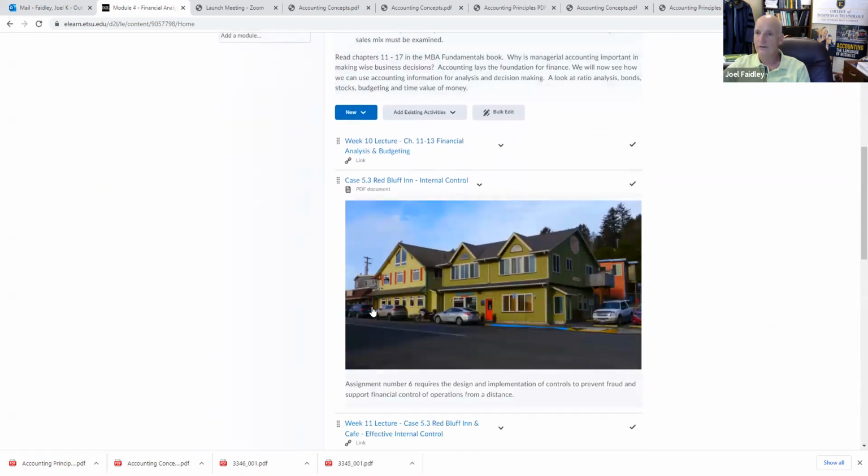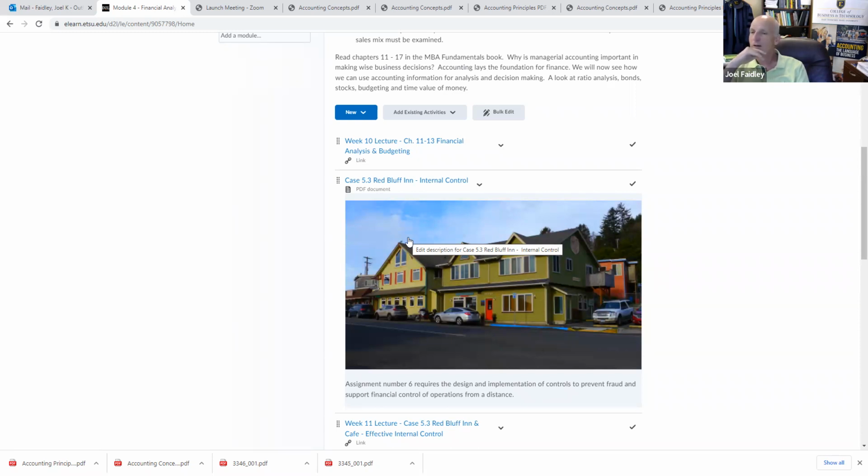What we have here is a couple, a husband and wife, that had purchased an inn and a cafe, but they live many hours away. So they were trying to make sure they have controls in place that allow someone there to do pretty much 95% of the work.